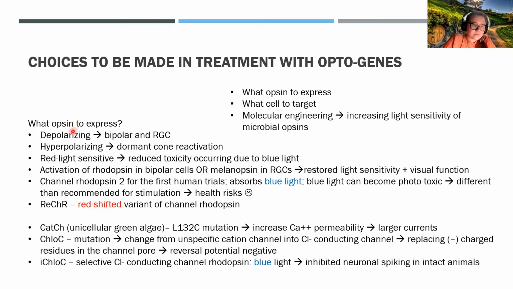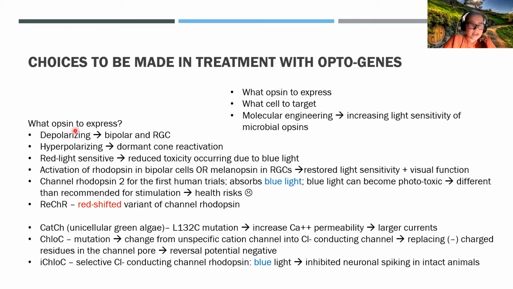So if the opsin allows chloride ions to enter, as we saw in bacterial rhodopsin, the cell will hyperpolarize. If opsin is a cationic channel, then its activation will lead to cell depolarization. So we have to decide if we want to depolarize or hyperpolarize cells.